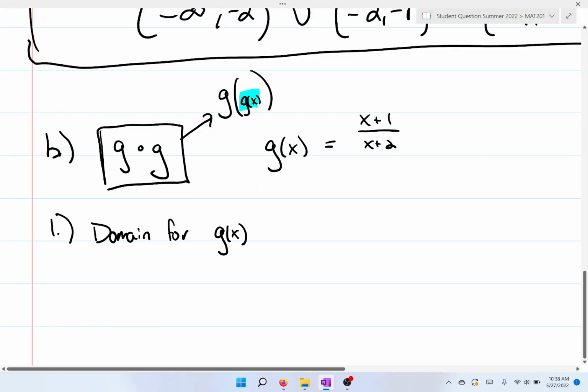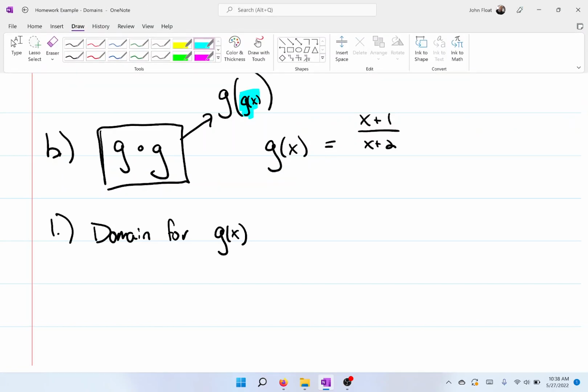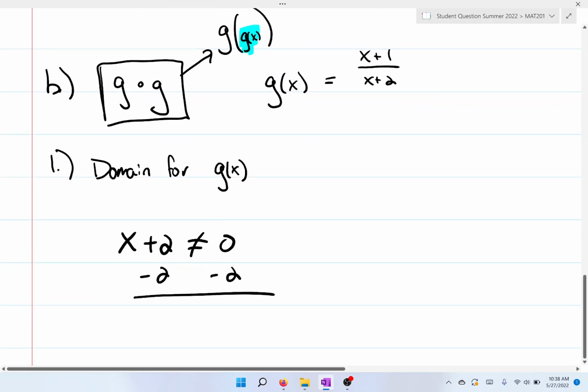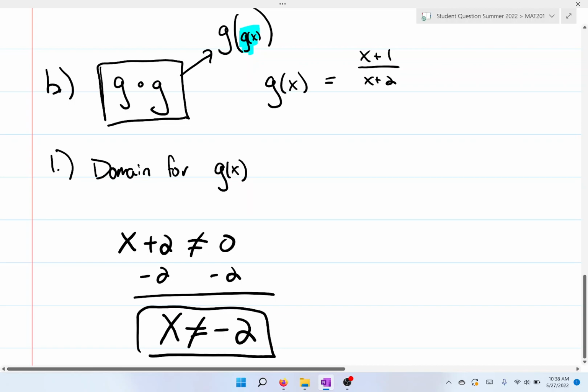Sorry, when I'm at home by myself, I like to talk out loud a lot. So when we look at this, we know that x plus 2 cannot equal 0. I just subtract 2 from both sides, and I find that x cannot equal -2. So this is one exclusion of my domain.